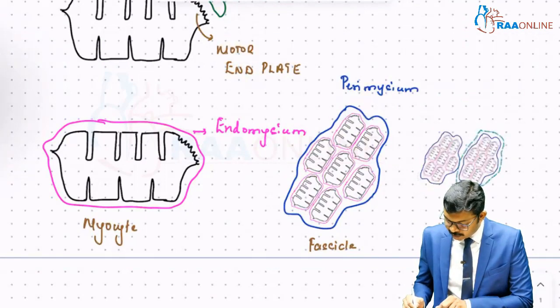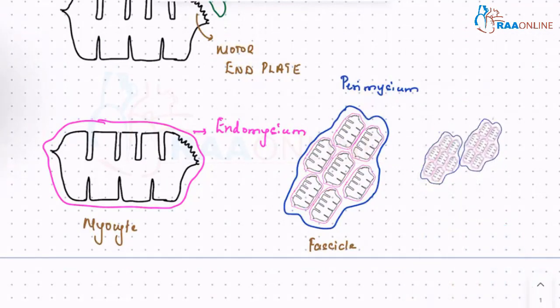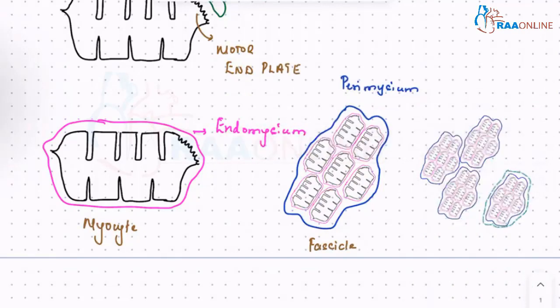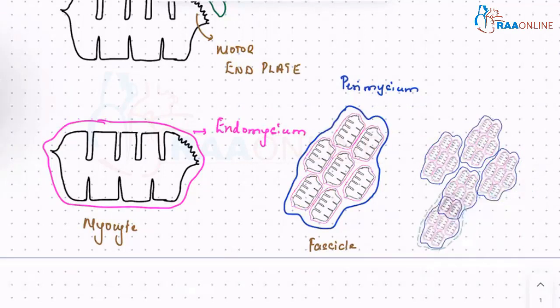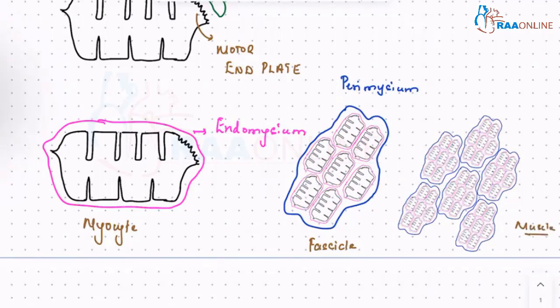Now let's take up multiple such fascicles. Each fascicle is covered by perimysium, and inside each fascicle you are going to see plenty of skeletal muscle cells, which are nothing but myocytes, isn't it? Now this whole structure in collection is called a muscle, and the muscle is completely covered by a membrane, and that membrane is the epimysium, guys.